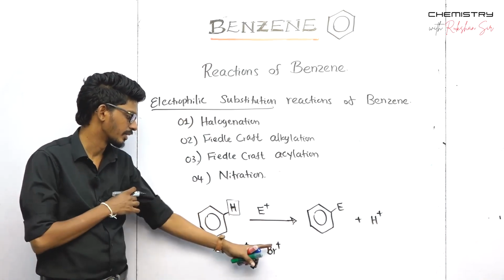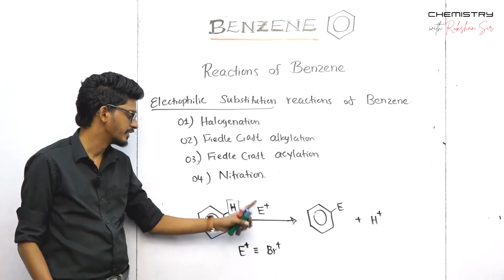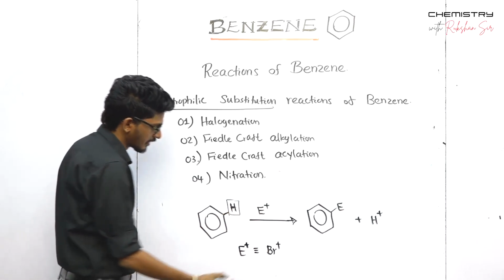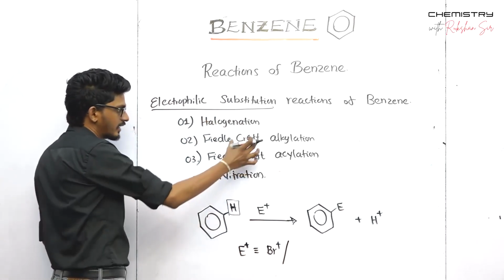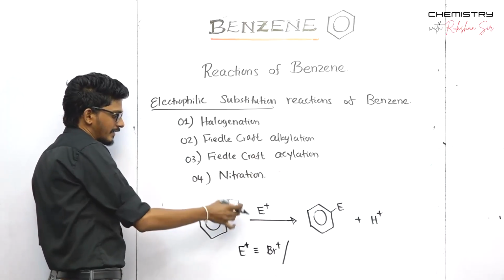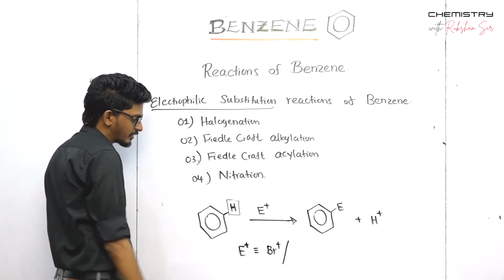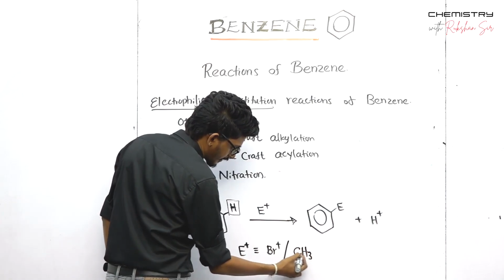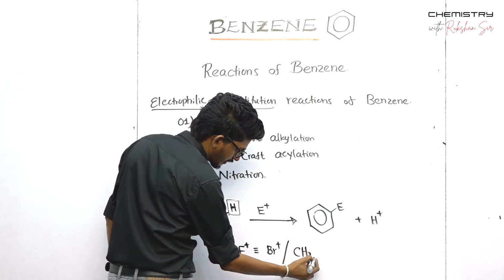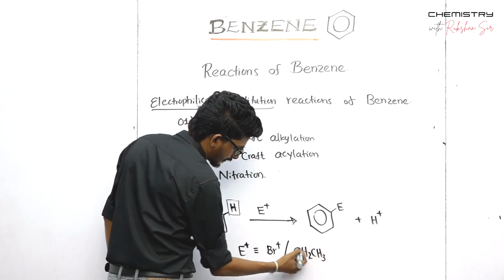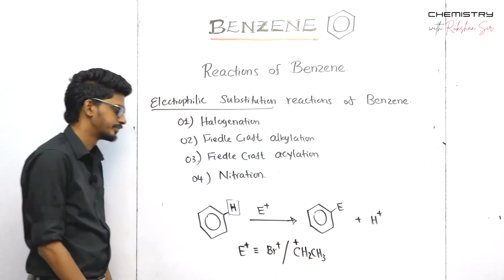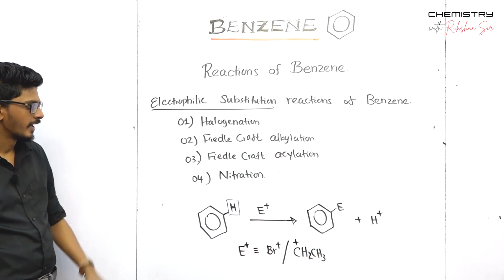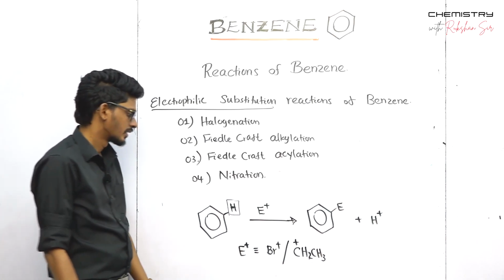It could be Br plus or Cl plus for the halogenation process. When it comes to the alkylation process, the one which is going to connect is actually an alkyl group. Like this, you can think of any kind of alkyl group. The electrophile is going to be an alkyl group.